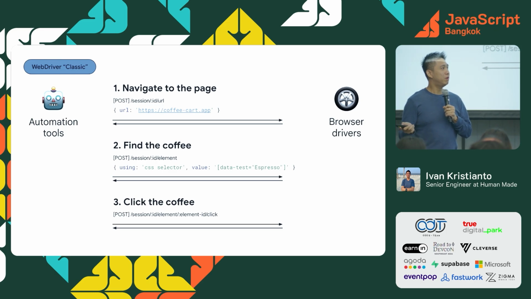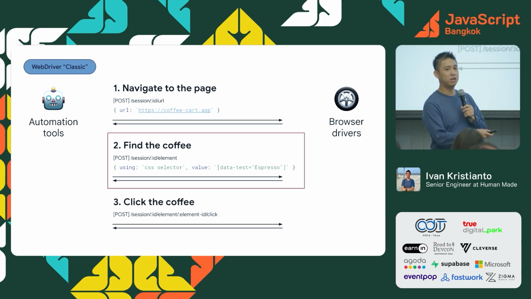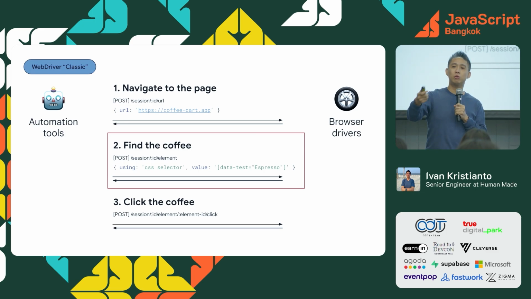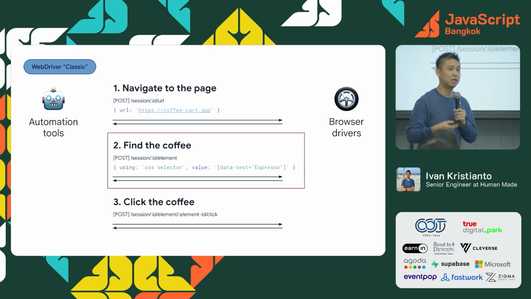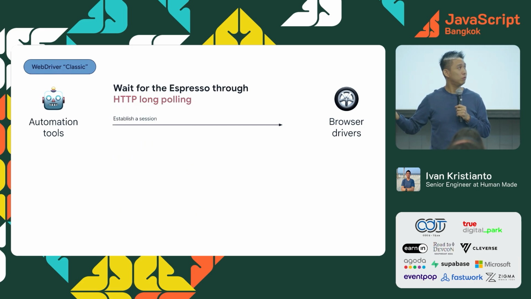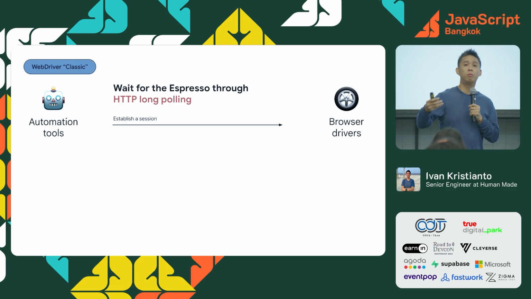But the problem and the challenge comes with this number 2. What happens is, when your automation tools ask to navigate to this page, but the element you're looking for is not yet available because the browser is still rendering it, behind the scenes it does long polling.